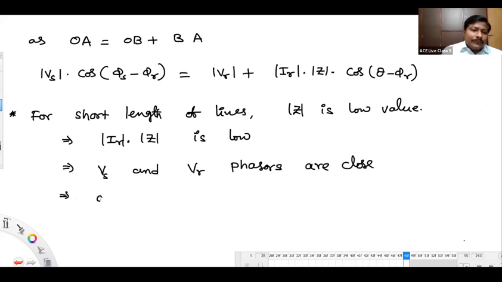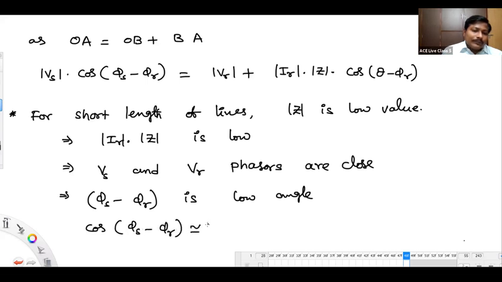That means phi s minus phi r is a low angle for us, and the cosine of that angle is approximately equal to 1.